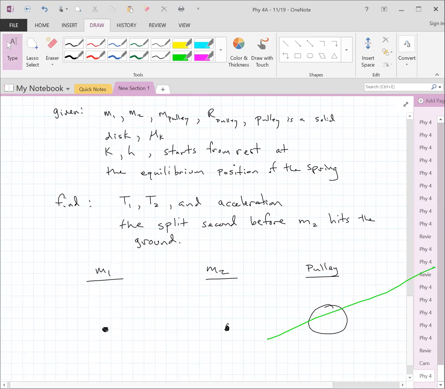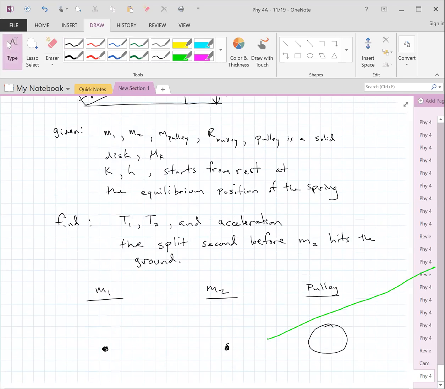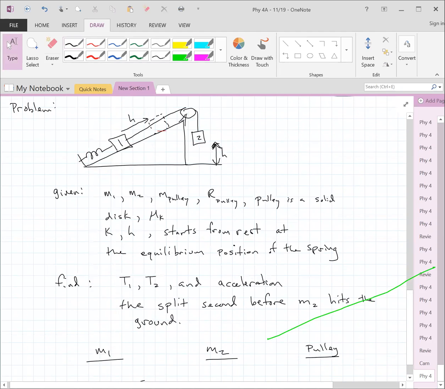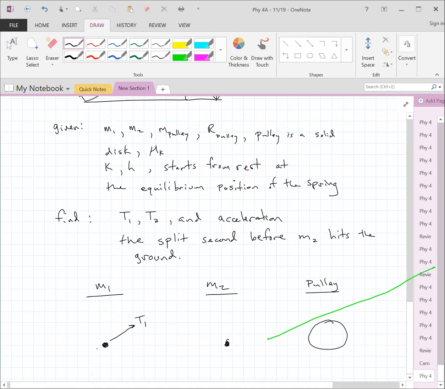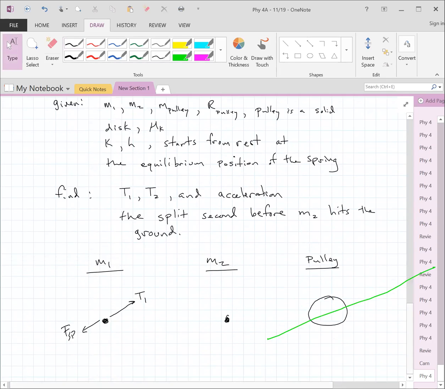Okay, so let's draw our free body diagram for M1. We've got a tension pulling up. Call that T1. And we've got a spring that's going to be pulling down because the spring is in a stretched state, so it's going to be pulling back. We've got a normal force and a friction force.